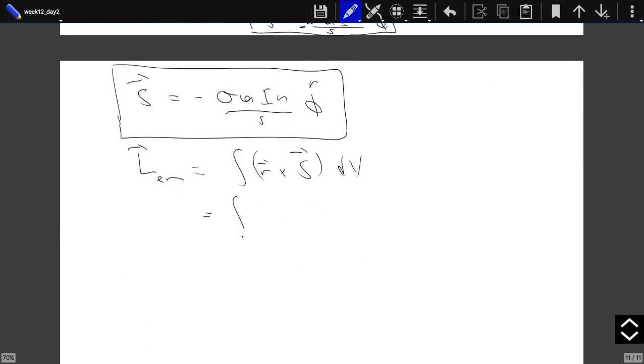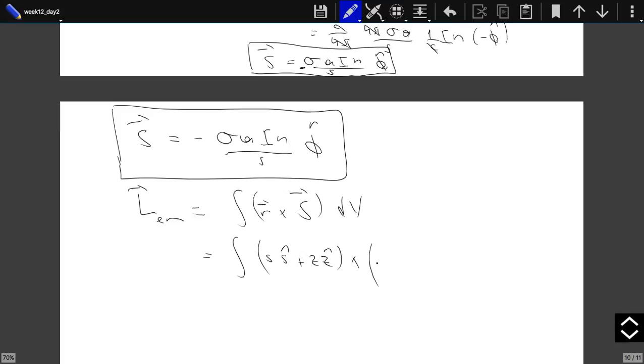Yeah, let's just write this. R is S in the S hat direction plus Z in the Z hat direction. My S is minus sigma A I n over S in the phi hat direction.